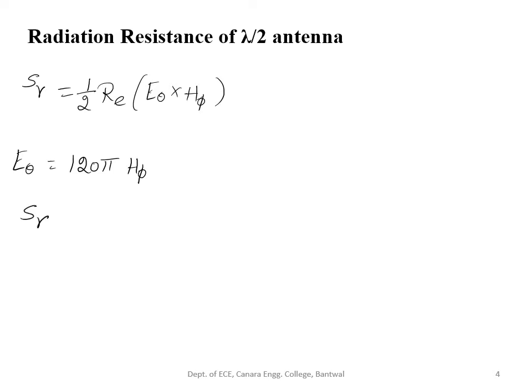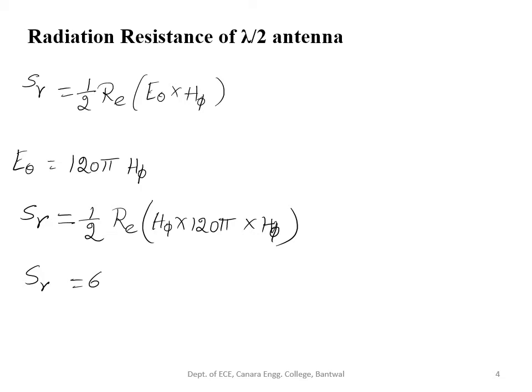Therefore, the radial component of the Poynting vector is half of the real value of H phi into 120 pi into H phi, which is 60 pi times the square of the absolute value of the magnetic field.